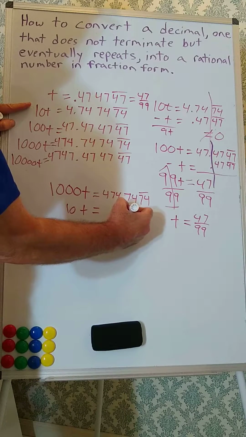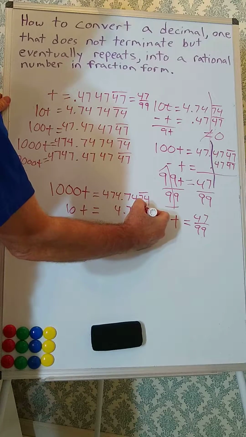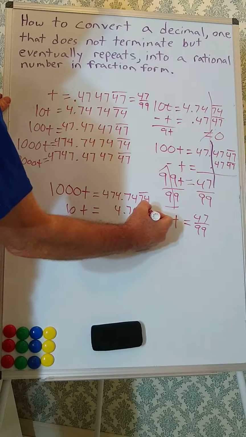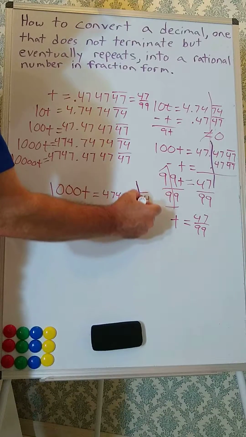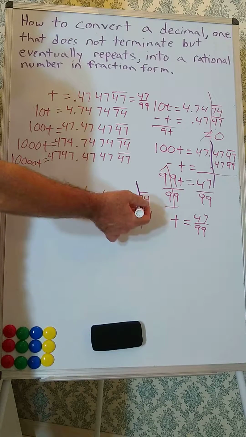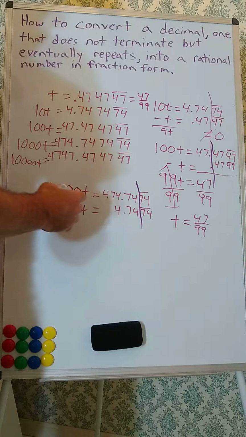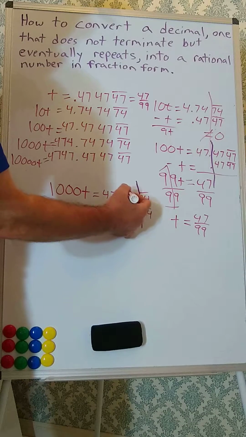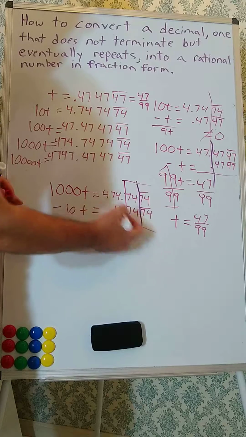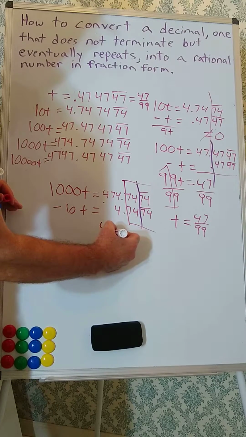Ones go with ones, tenths and hundredths go with tenths and hundredths. What's important here is the repeating parts are the same, so when I subtract, they will become 0. In fact, the entire decimal part does become 0. So when I subtract 10t from 1000t, that part's 0, so we get 474 minus 4, so that's 470.